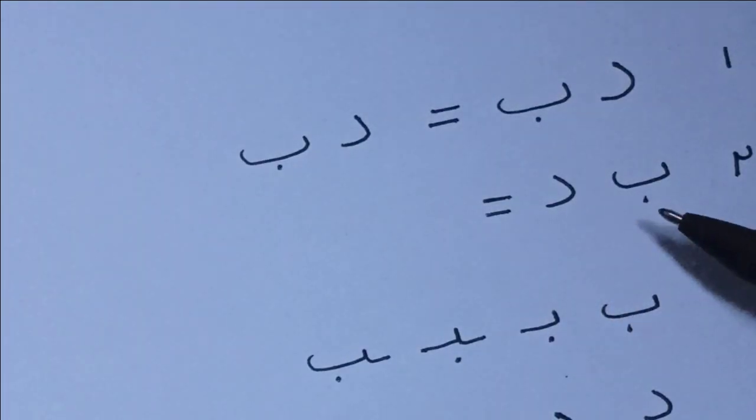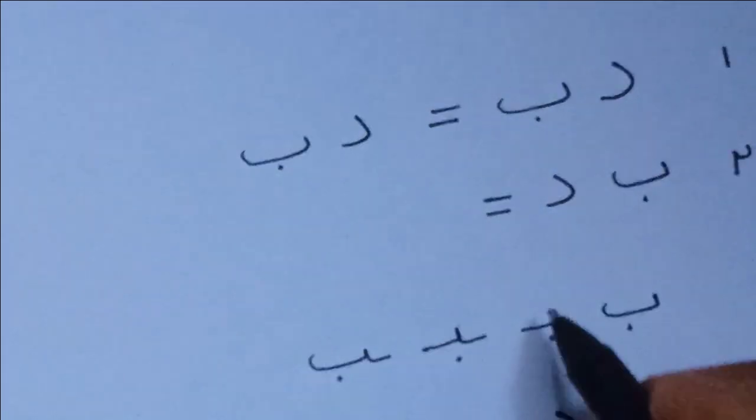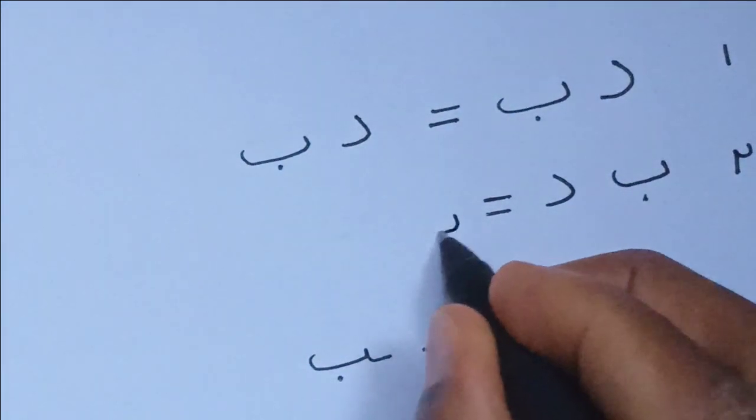So in order to join that, we take the bar at the beginning of the word. So we write this very one. Then we put it down as bar at the beginning of the word.